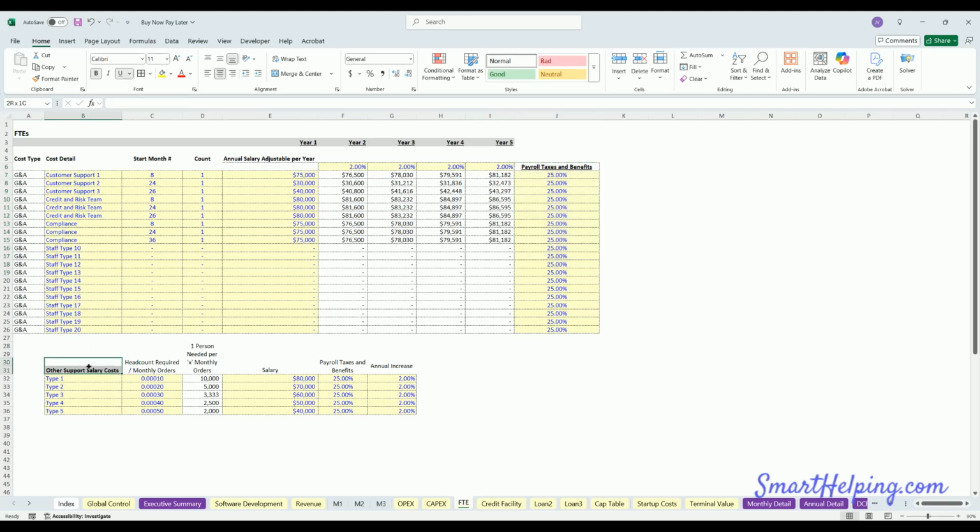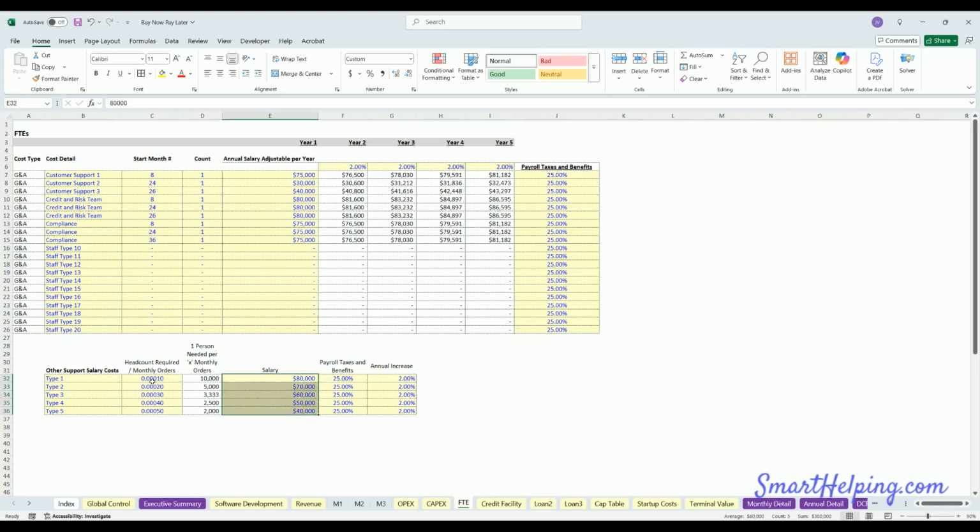Now the bottom part is dynamic and scales with transaction volume, or essentially monthly orders. So here you can say how many of these different personnel, up to 5 types, you need per monthly order. So in this case I put 0.0001, that means for every 10,000 orders you need 1 of this type of personnel, and here's their salary, payroll tax and benefits, and annual increase in salary.